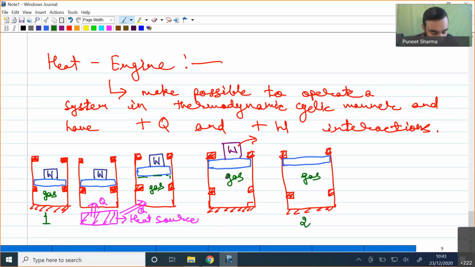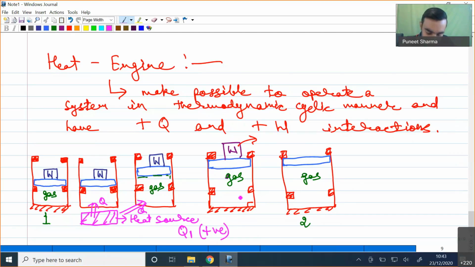Now in this process, from state 1 to state 2, we have added a certain amount of heat to the system. Let me say I have added Q1 amount of heat to the system. That is my positive heat, which we have added to the system.